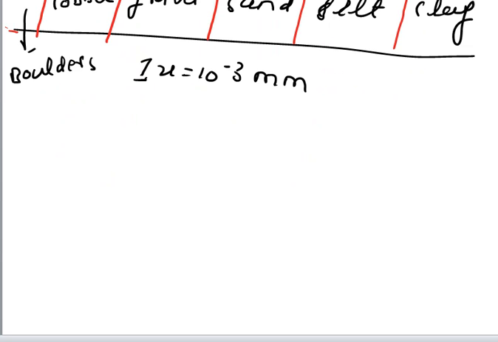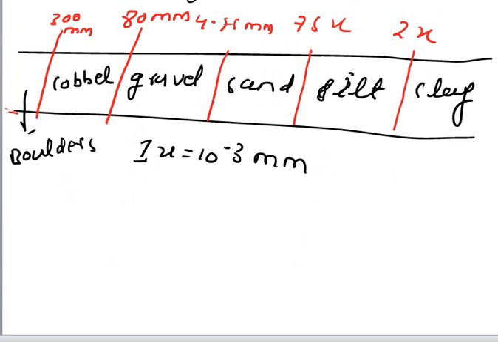And also, in this scale, the demarcation is made for a broad, general classification regarding the type of soil.